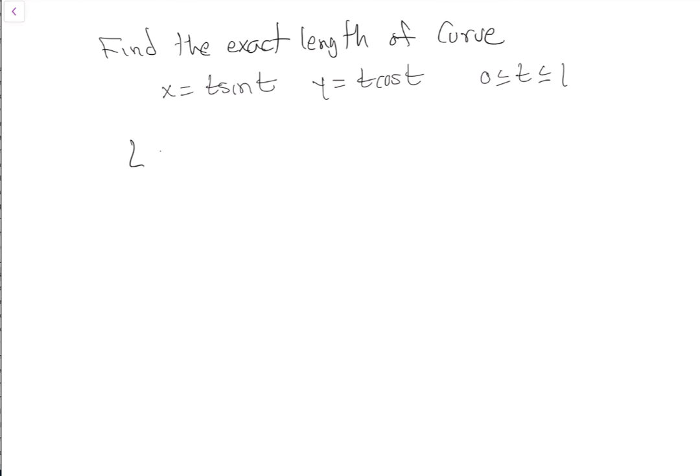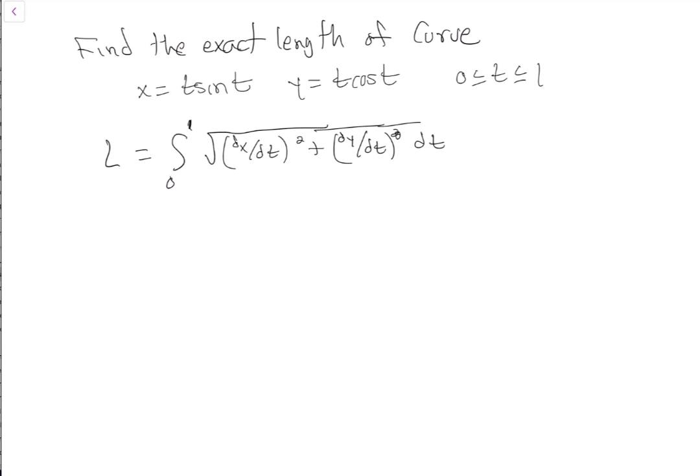Using our arc length equation, we have the integral of the square root of dx dt squared plus dy dt squared dt, and we're going to be going from 0 to 1 in this case. I'll do it down here below.